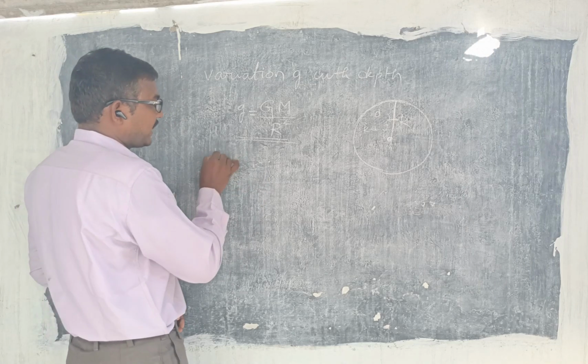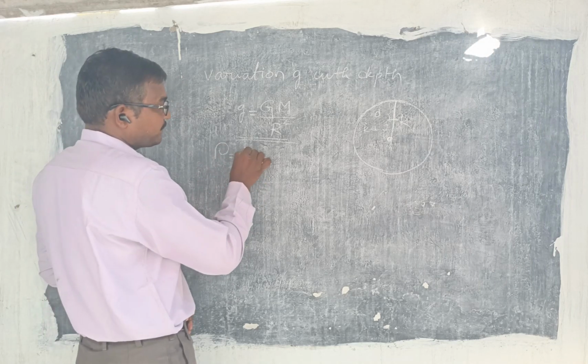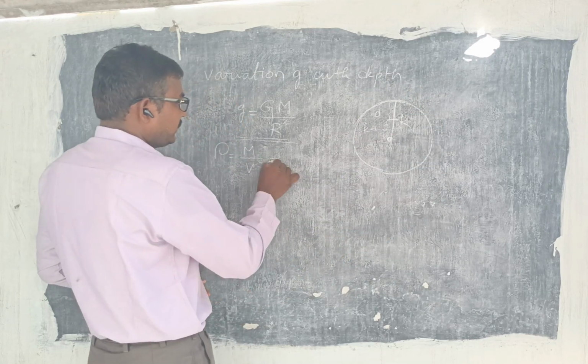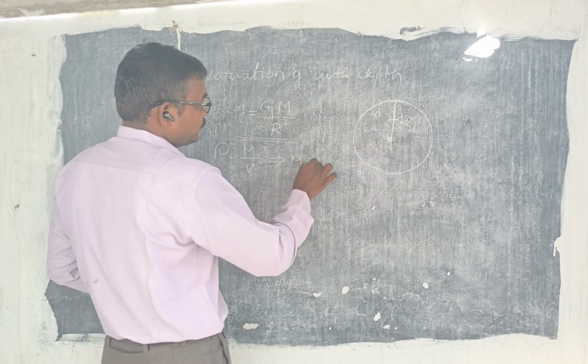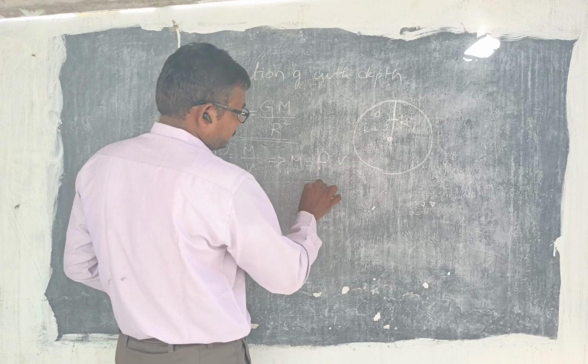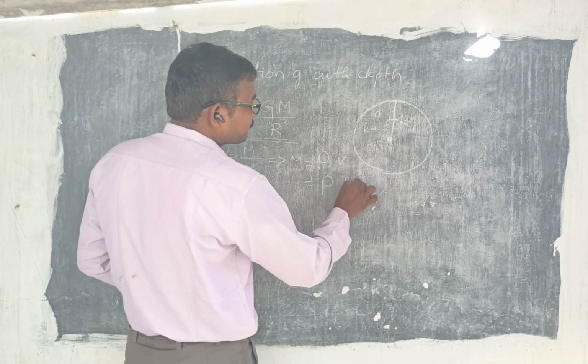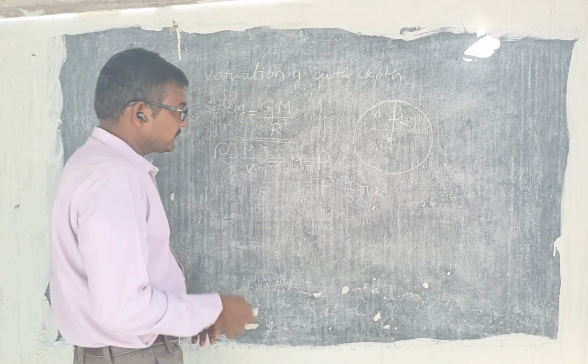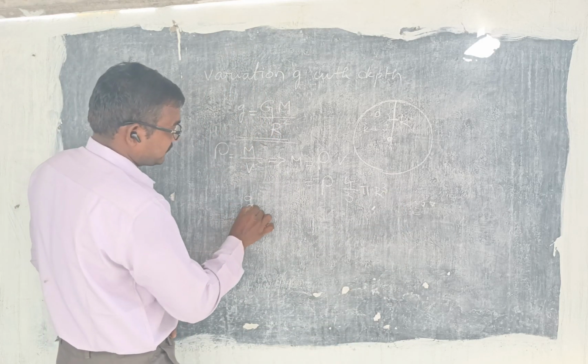Here we already know that density equals mass per volume. Here this is the sphere. So the mass equals density into volume. Volume means 4 by 3rd pi r cube. Substitute the formula in this case.